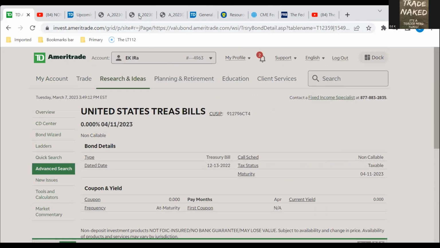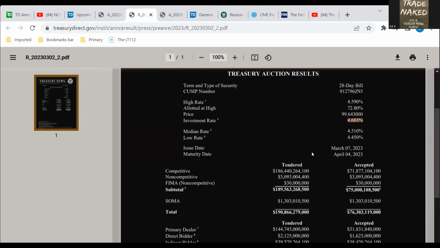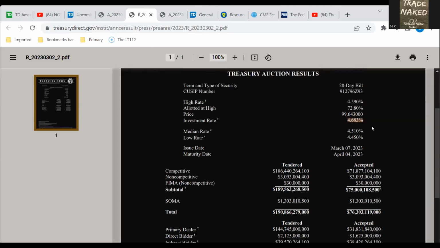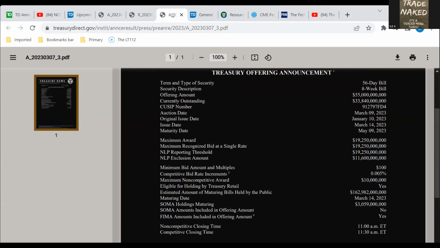The one I just bought was the 56 day. It's going to mature on May 9th.